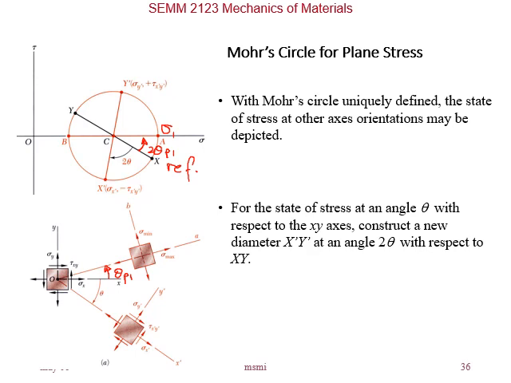If you go from the reference, that is the X, clockwise, 2 theta, you will arrive at a point here, okay, a point x prime. And you draw a straight line across, you get y prime. So you get these 2 points here, x and y. Now what it says is, if you want to find the normal stress on any plane, any inclination, any angle, just do that.